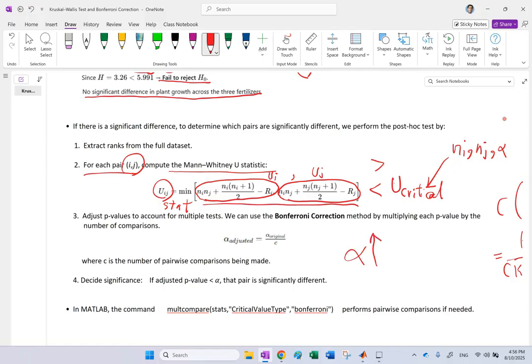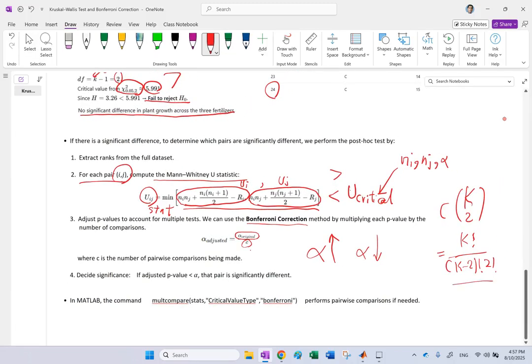So I need to artificially bring alpha down so I can keep the chance of type 1 error at a desired level. One method of changing this alpha is called the Bonferroni correction, where they divide the original alpha by C. What is C? C is the number of pair comparisons that you intend to do. If you want to do all of them, this is going to be your C. You divide it by that.